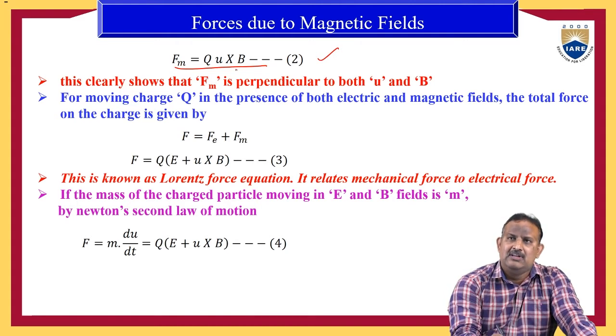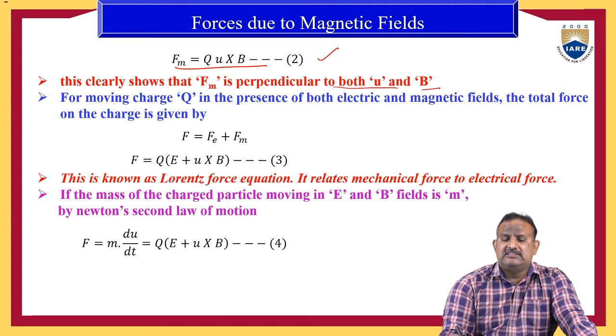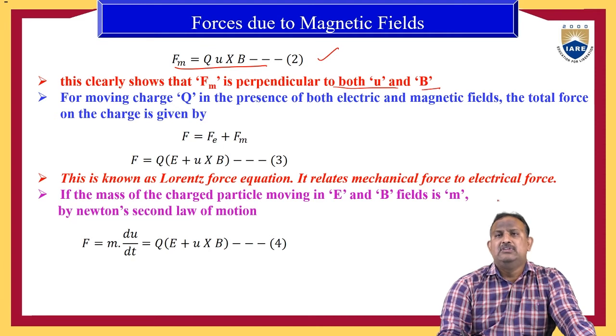From this equation we can conclude that the force is perpendicular to both the velocity and the magnetic field.